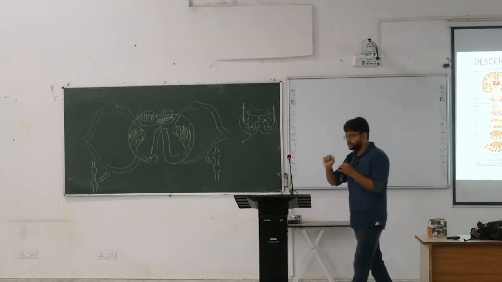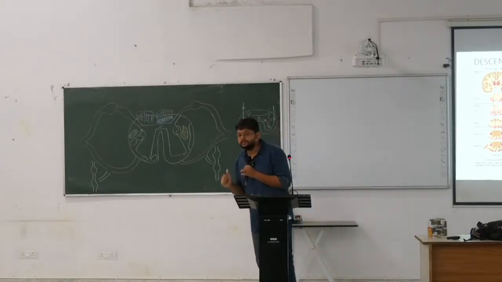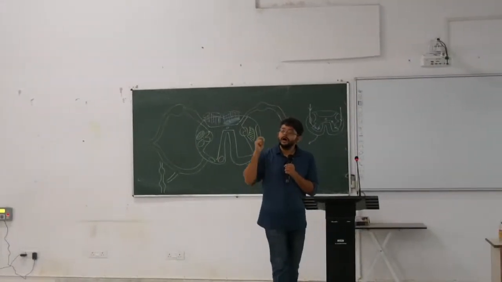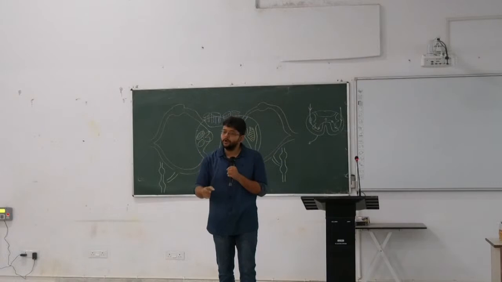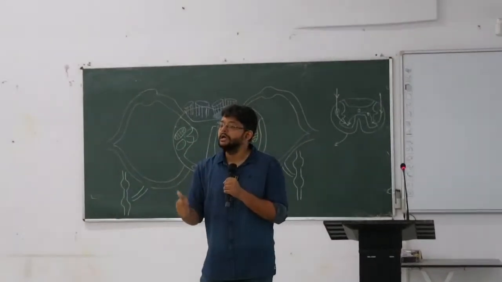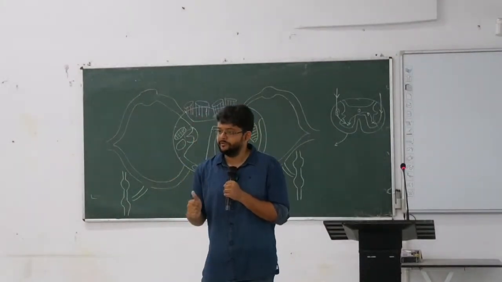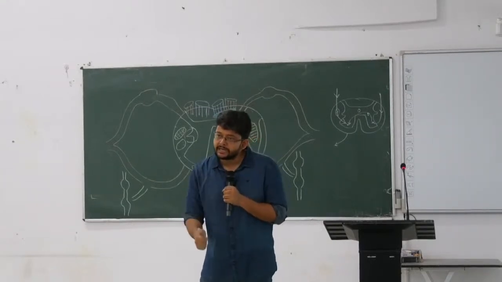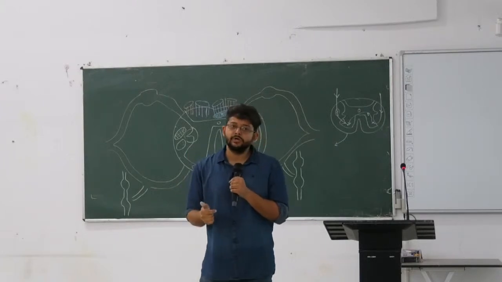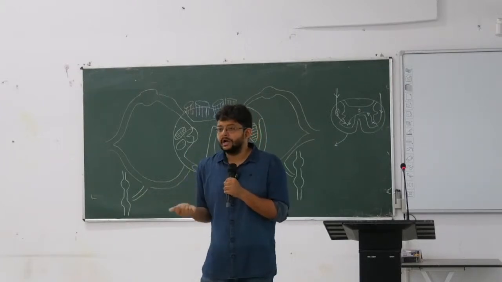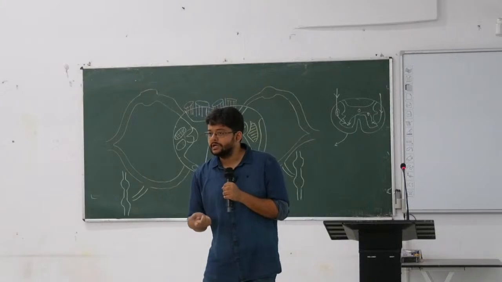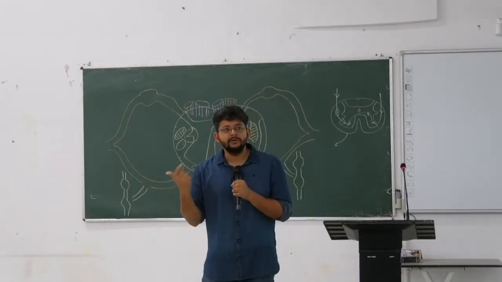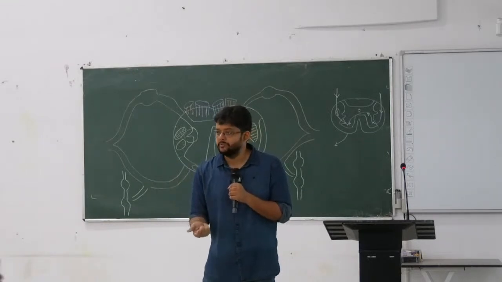So in the last class what we started: the motor system starts from the motor cortex. The motor system is important for voluntary and involuntary function. It is connected deeply with the sensory system, because without sensation we can't understand how our movement is going. It is deeply connected to the cerebellum, because that gives us proper coordination of the movement.